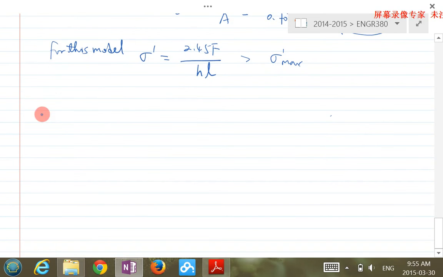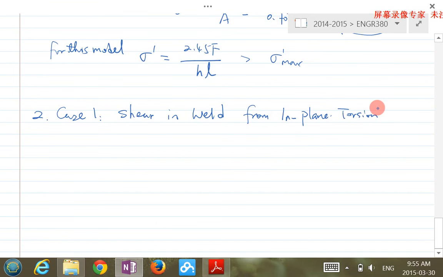So now let's look at the existence of stresses for two different scenarios. The first one, let's call it case number 1, I call it shear in the fillet weld from in-plane torsion.